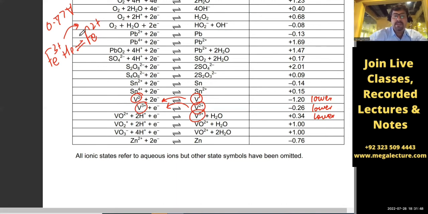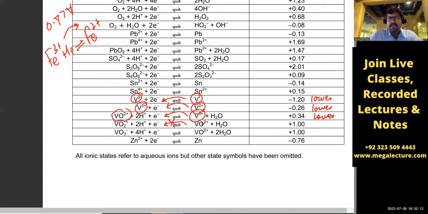So Fe3 plus will continue to gain electrons, and vanadium 3 plus will get oxidized further to form VO2 plus. The reaction will stop at VO2 plus, because VO2 plus will not get oxidized, as it no longer is the lower potential. It's 1 volt, right? So now VO2 plus will not lose electrons, and the reaction will stop at this point.